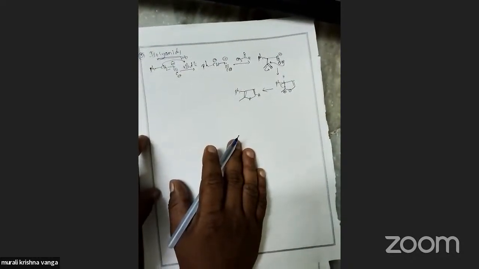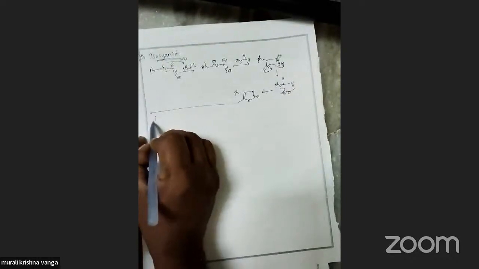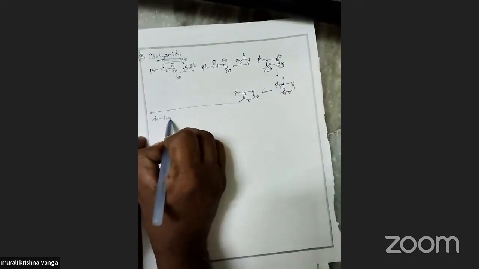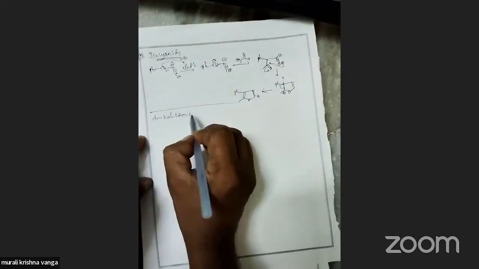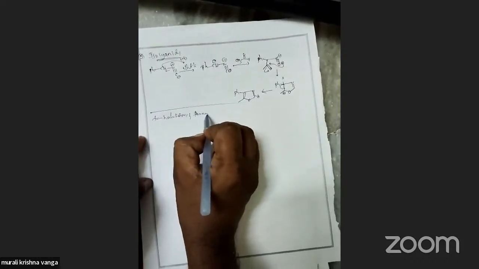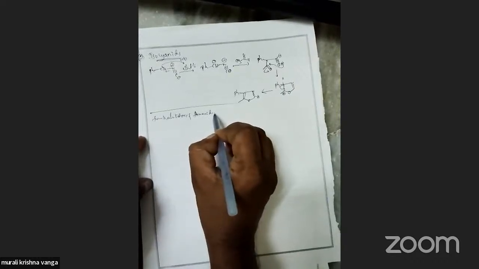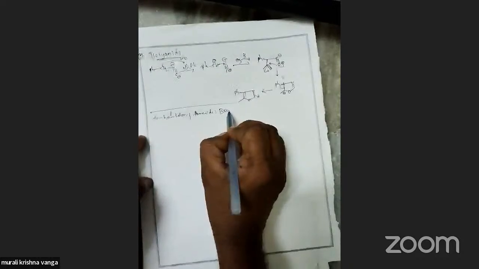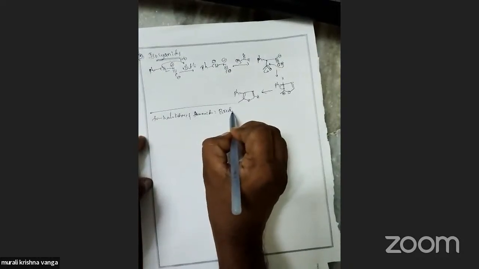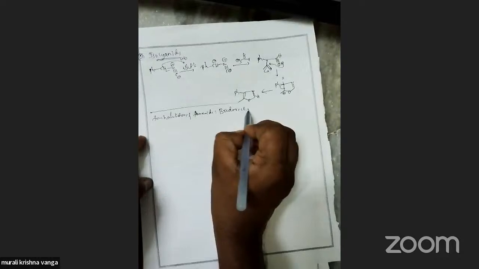The second method is from haloketones and formamides. This is the Bredereck reaction.